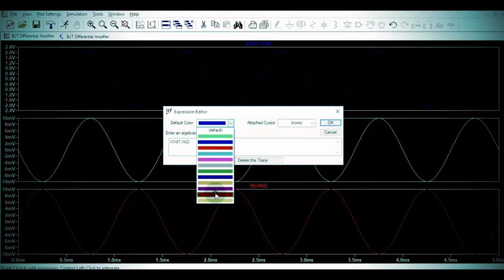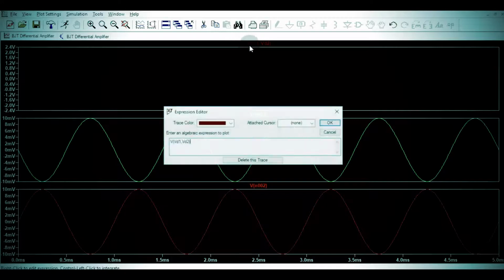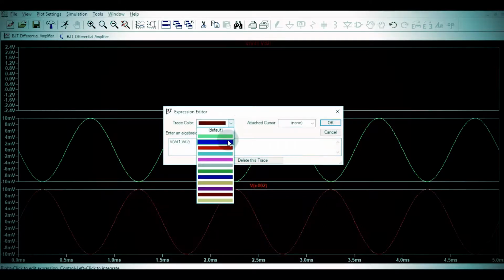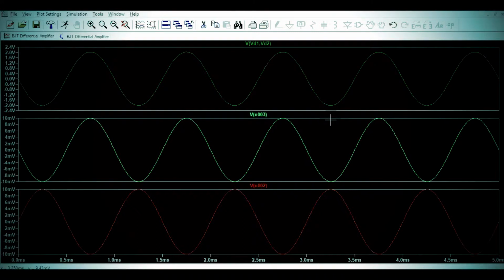What you can see here is VD1 and VD2, and this is VD1 minus VD2. This is the difference between the two input signals.